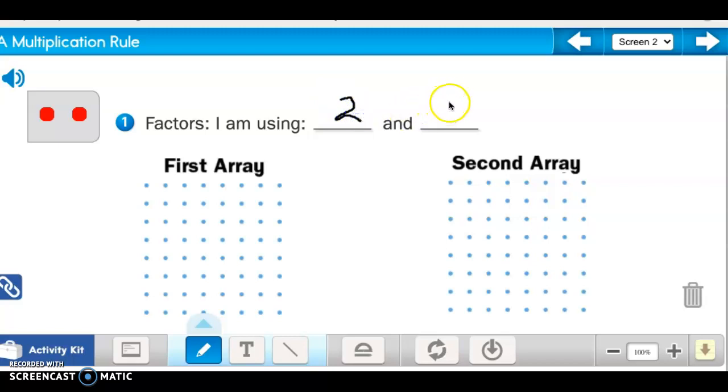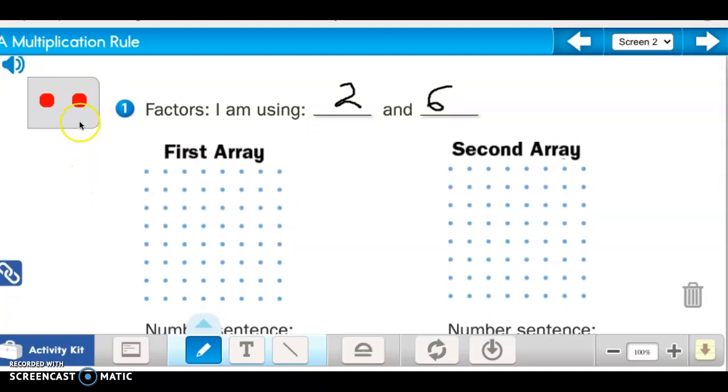And my next number I get on my dice is a 6. All right, let's do an array. For those that have the slides, you have these dots up here that you can use. If you don't, just use your pencil and make X's on these circles. So let's do the first array.